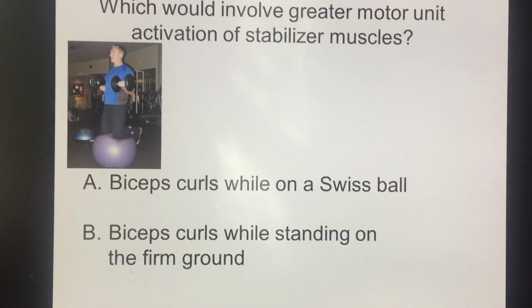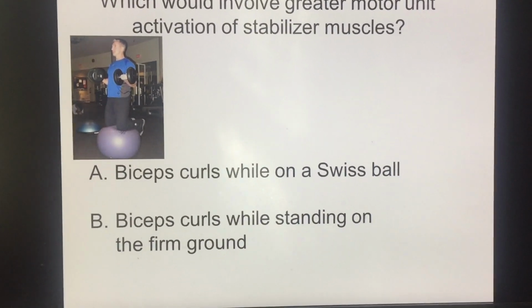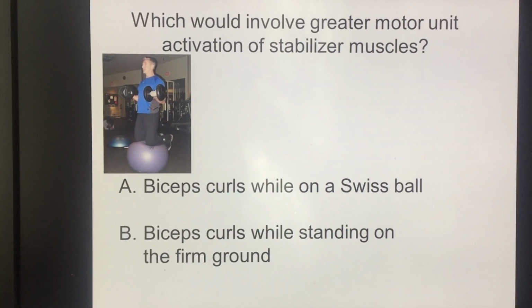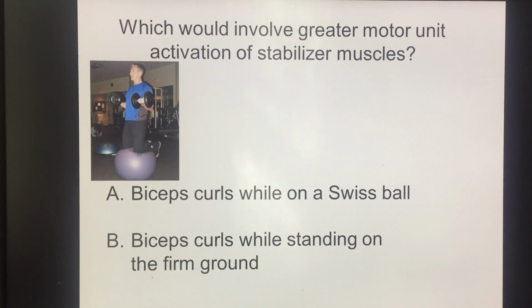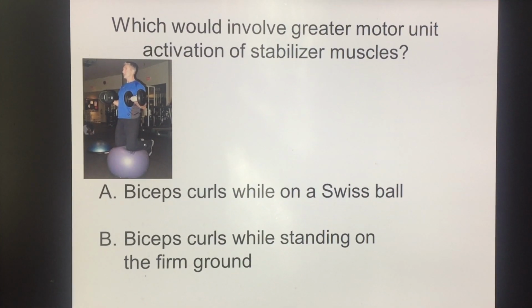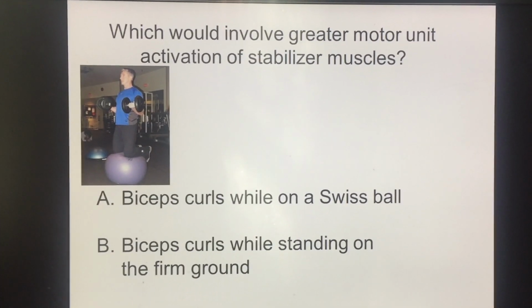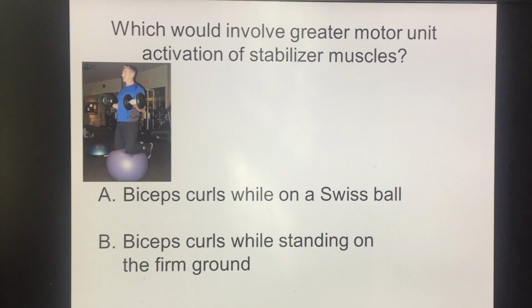Here are some multiple choice questions that show you the benefits of training in unstable environments, and also some things that aren't as beneficial. Which of the following would involve greater motor unit activation of stabilizer muscles?